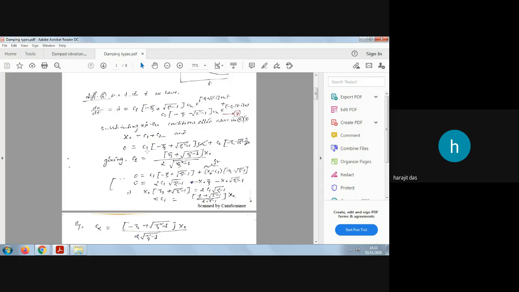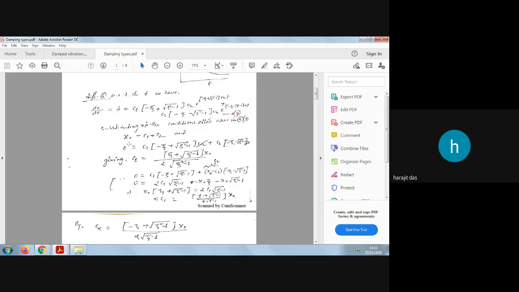So c1 and this bracketed term plus c2 plus bracketed term, if you rearrange this way, you will get this expression. So we'll be doing this one. So 0, then c1 times minus zeta plus square root of zeta square minus 1, plus, what is c2?